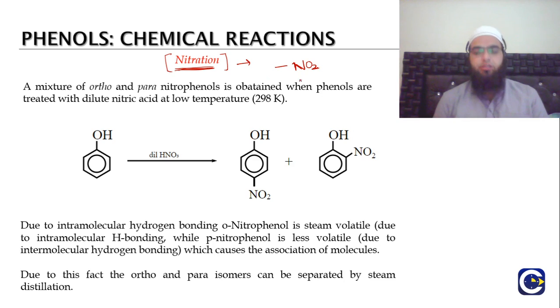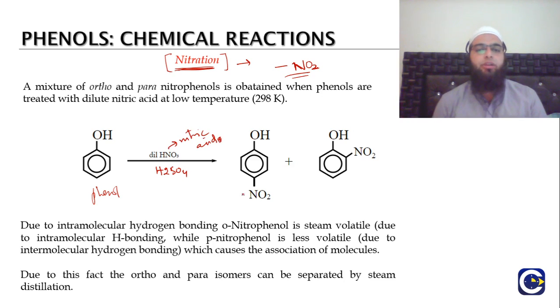If we treat the phenol with dilute nitric acid, obviously in the presence of an acid, we can write H2SO4, sulfuric acid. In the presence of dilute sulfuric acid, we treat this phenol with dilute nitric acid.